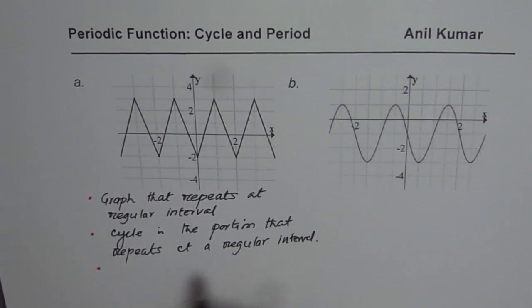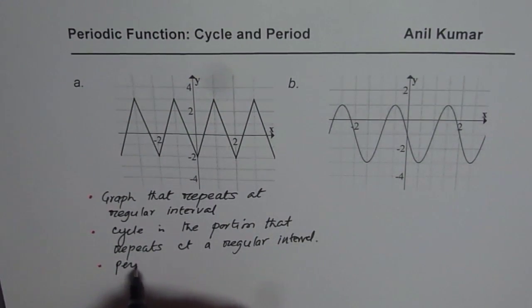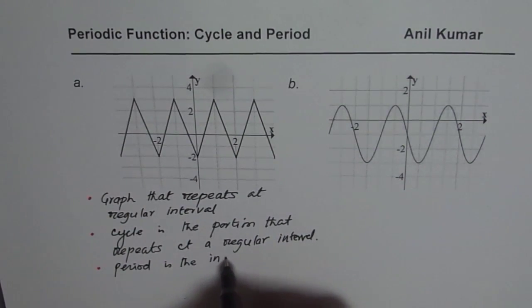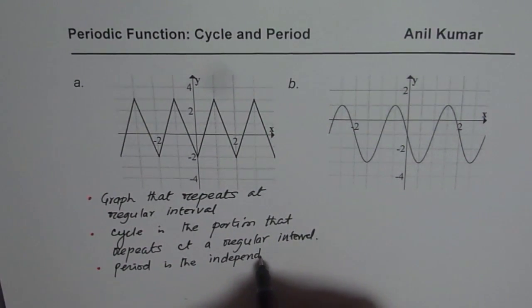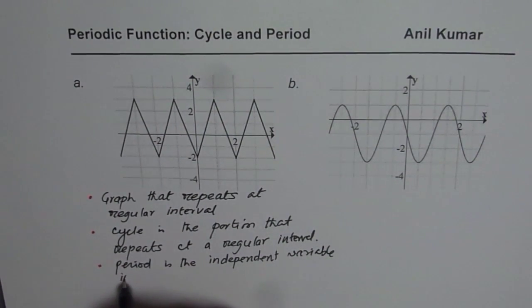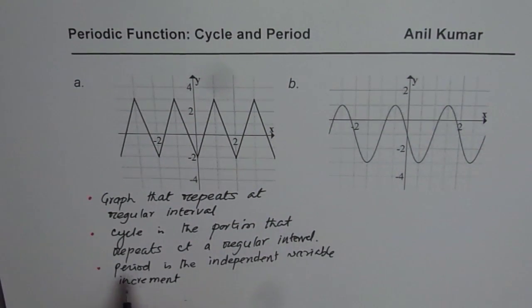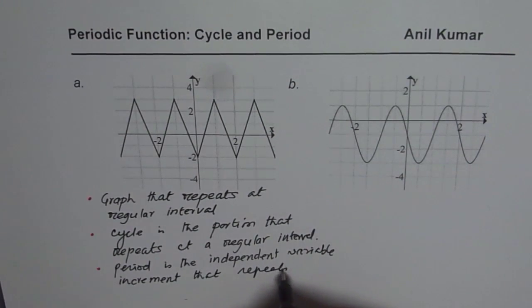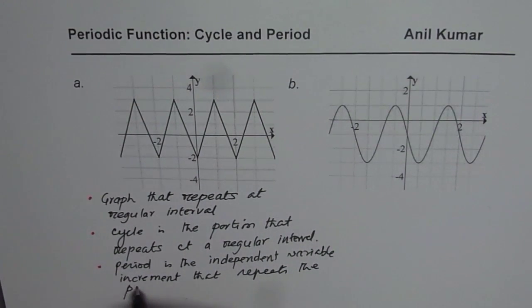So this horizontal or independent variable, so the period basically is the independent variable change, independent variable increment. I can use increment or change. So period is the regular variable increment that repeats the pattern, right? So that is how these things are related.